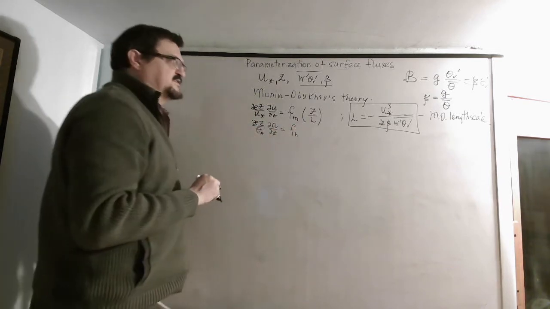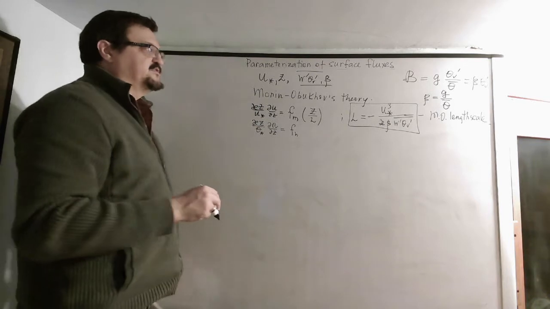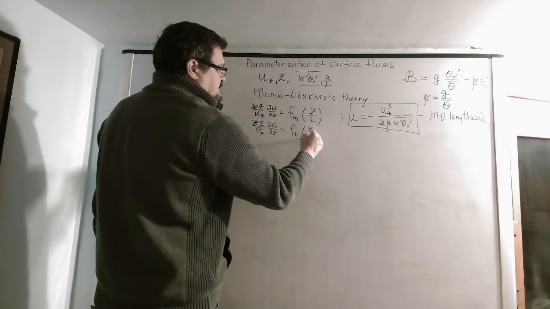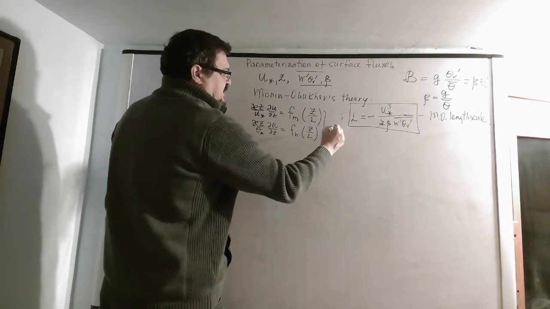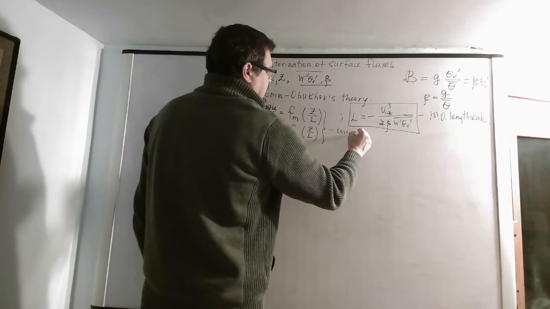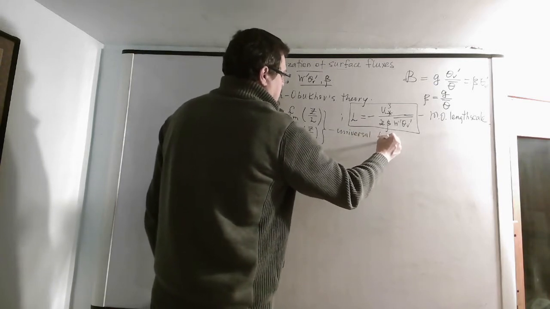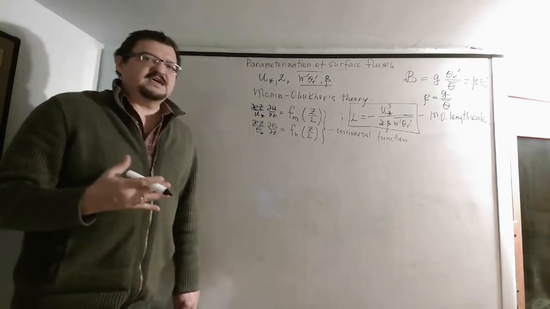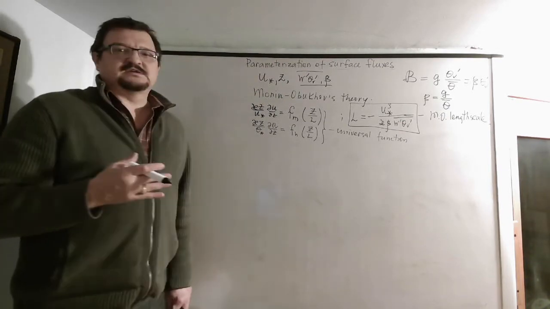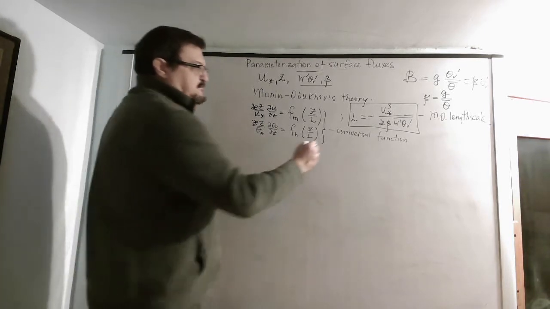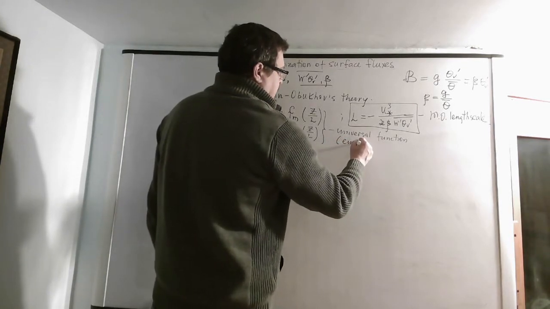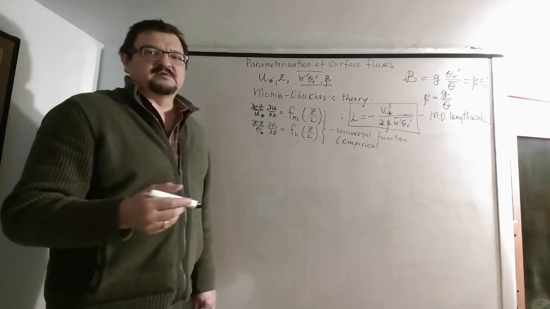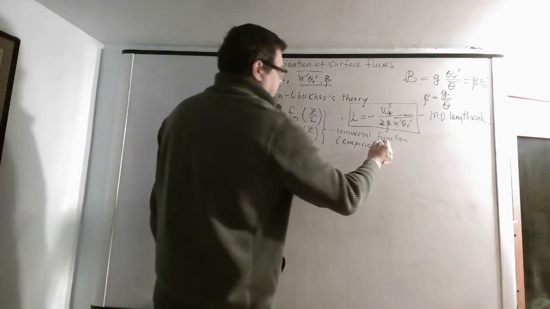This function should be different from the one for momentum for various reasons, but it's also a dimensionless function of z over L. Those two functions are called universal functions. They cannot be obtained from theory, they should be obtained from observation. So they're empirical, and you basically need to do some field campaign or laboratory setup to obtain those functions.